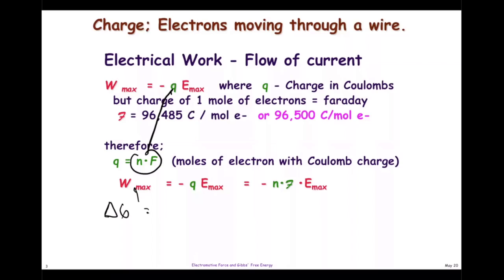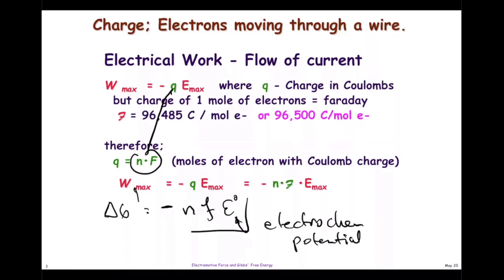So delta G equals minus nFE0, where E0 is the electrochemical potential. That is our famous equation.